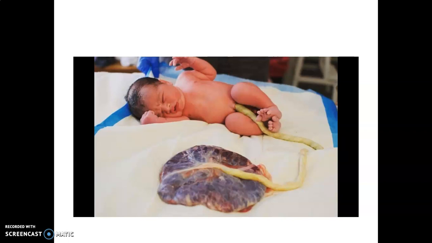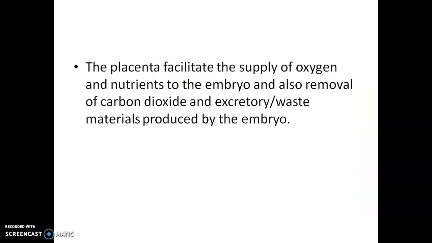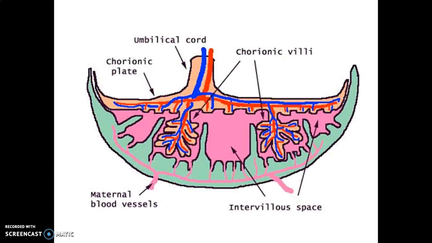The umbilical cord is connected to the child. The placenta facilitates the supply of oxygen and nutrients to the embryo and also removal of carbon dioxide and excretory waste materials produced by the embryo. Here you can see on the placenta the connection of maternal blood vessels with this chorionic plate.